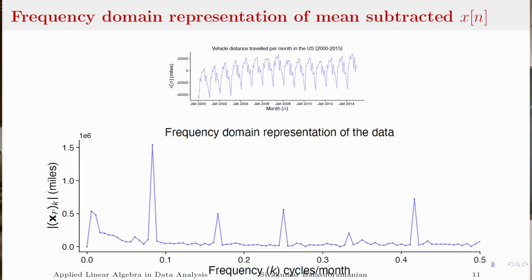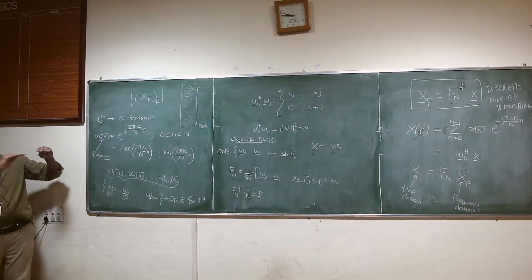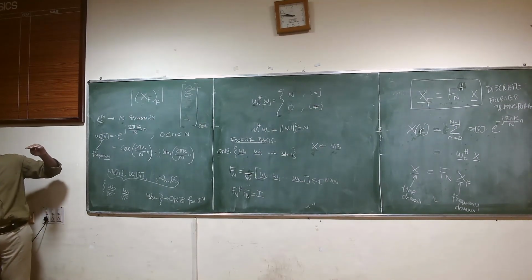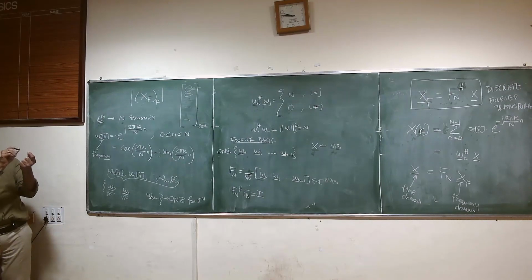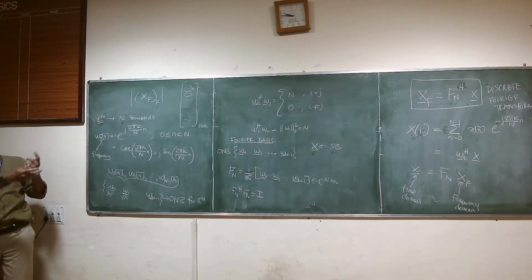And now you do see that there are some spikes here. The way to read this graph is the height of each point tells you how much of a particular frequency there is in your original signal. Whenever you have a signal where most of it is close to 0 but you have these spikes, that means you have specific frequency components in your signal. And that's what we see as well.